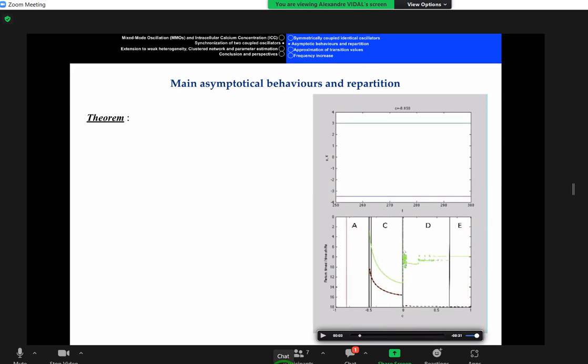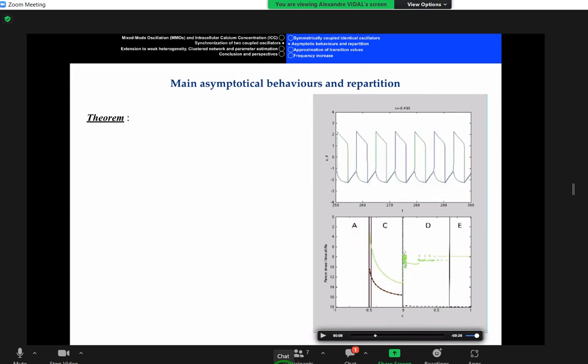Here we have oscillation death, in sector B, that is very narrow, as you can see. Here we have one oscillation death, meaning that we have an oscillation for one of the oscillators, but not the other one.